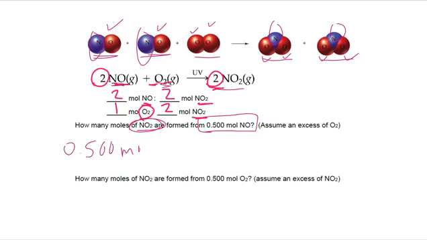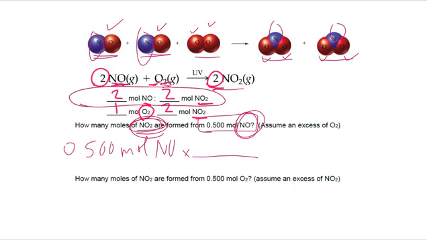So let's start with what we're given, 0.500 moles of NO. So we want the ratio of NO to NO2, this ratio right here.